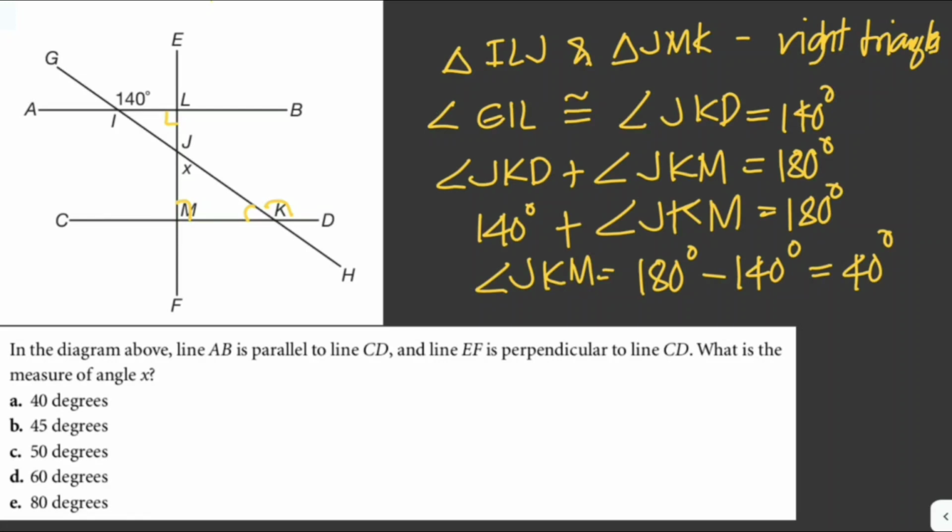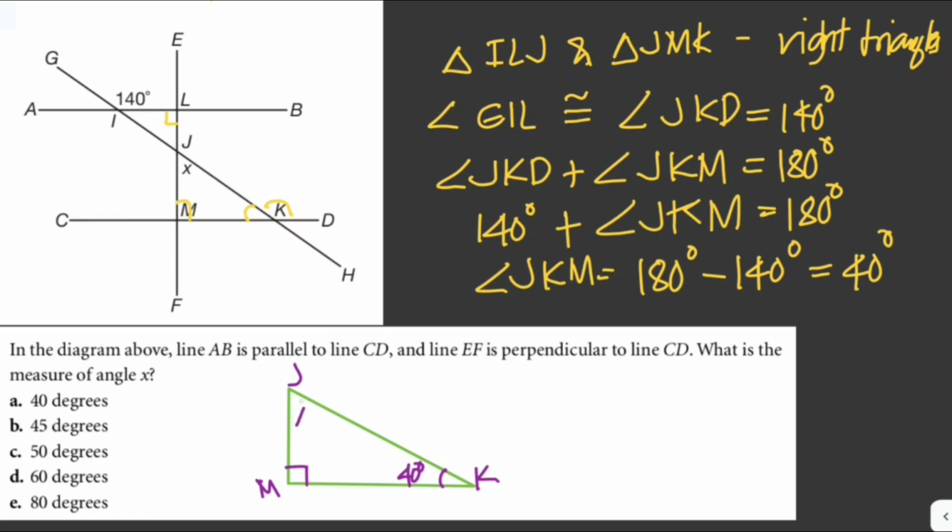So that means in triangle JMK here, we already have this angle, which is equal to 40 degrees, and this one is a right angle, so that is 90 degrees.